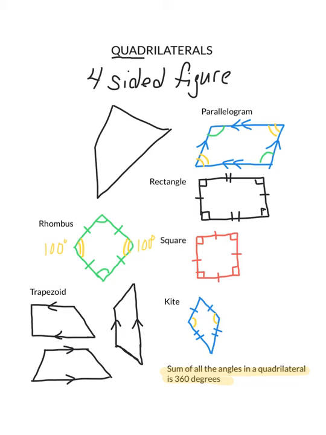So therefore, to find the measurement of the top and the bottom, I would take 360, I would take away the 100 and the 100, which would now leave me with 160, and then I have two angles now, this one and this one, that will add up to 160. So then I would take 160, cut that in half, and 160 divided by 2 is obviously 80 degrees. So therefore that guy would be 80, and this guy would be 80 degrees.